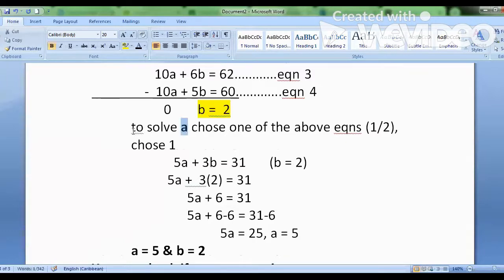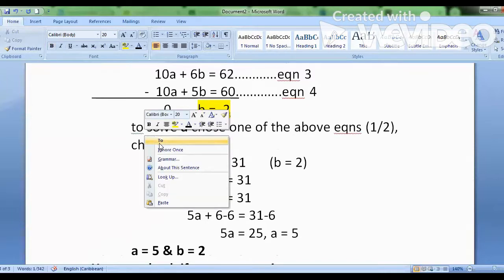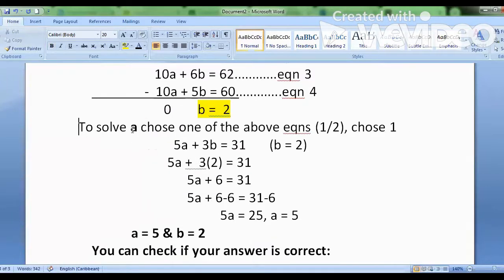It's like we're doing substitution, the first thing in algebra. So anywhere you see B, you put the 2.